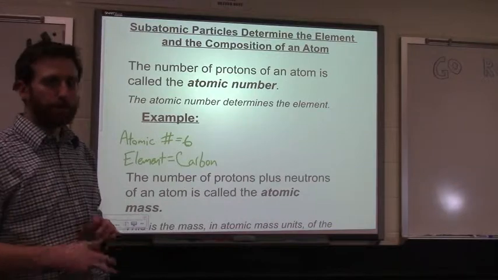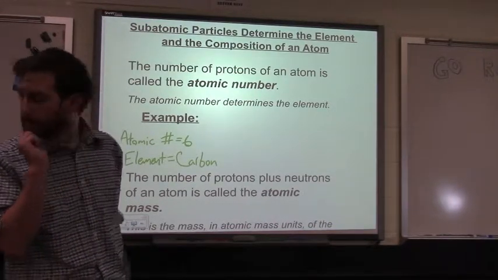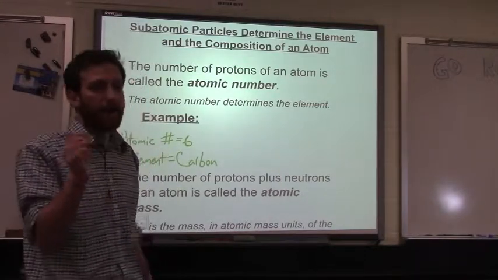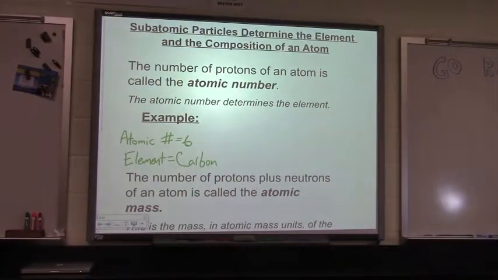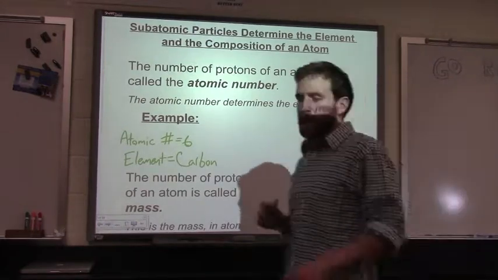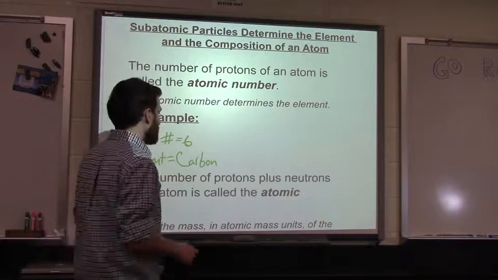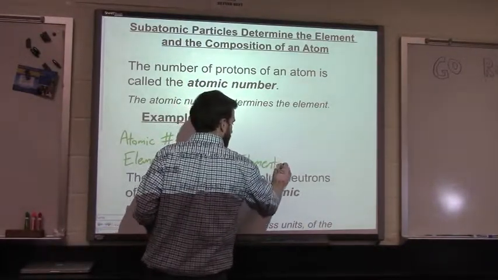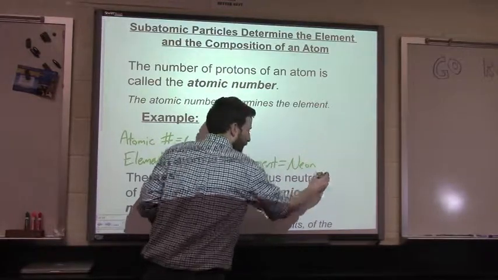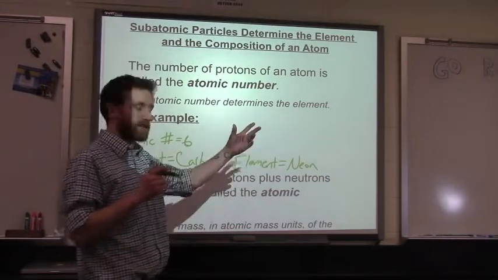Another one, for example, might be looking at neon. Now, neon has an atomic number of 10. Before I advance, make sure that's correct. It is. I just checked the periodic table because it's a great resource. So, if I've said that the element I'm talking about is neon, running it in reverse now, then I know that neon's atomic number is 10.